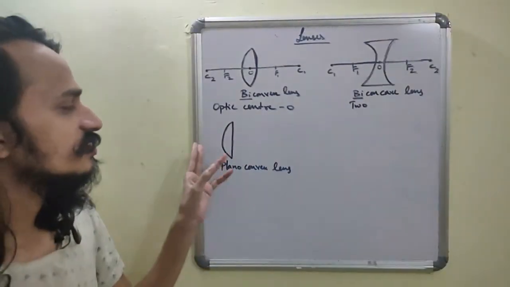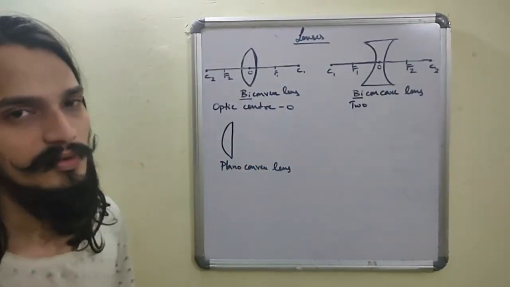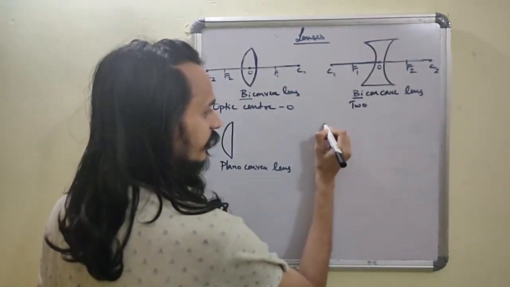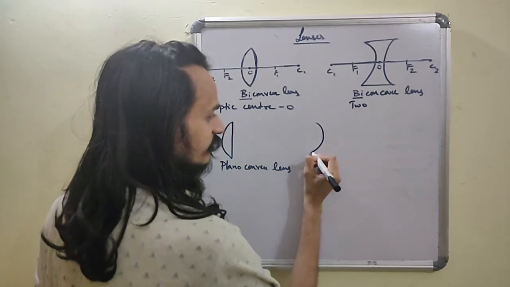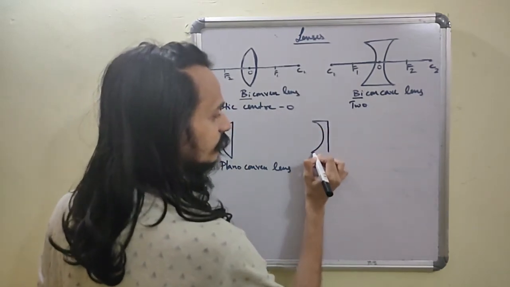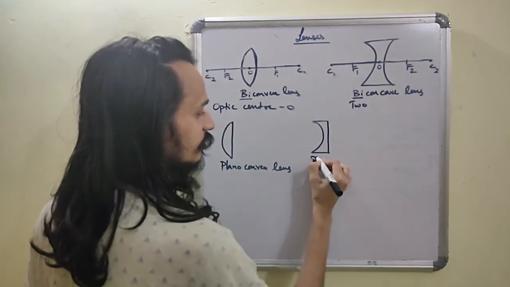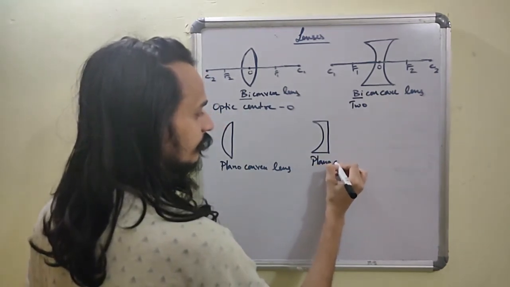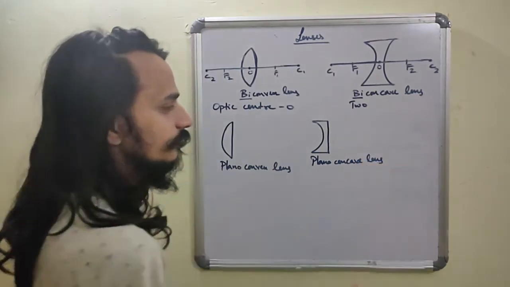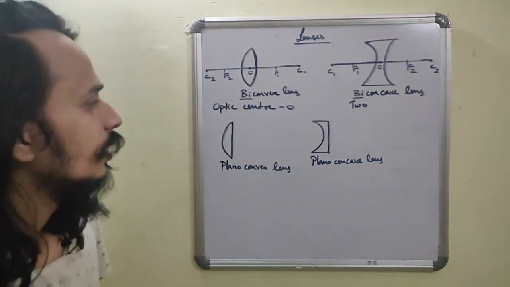It's easy to guess. If there's a plano convex, there will be a plano concave also. Right? Pretty much in a similar way, you'll have one concave surface and the other one will be flat, straight. Plane. So this will be a plano concave lens. Right?